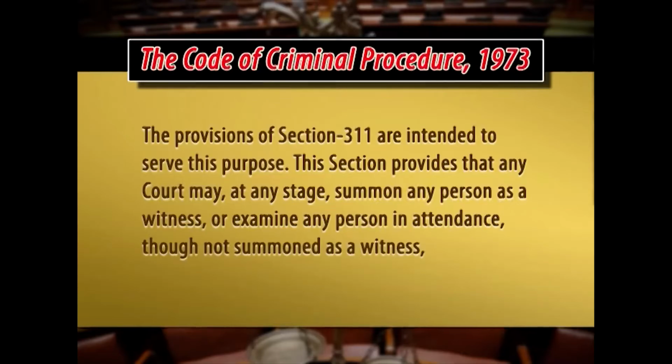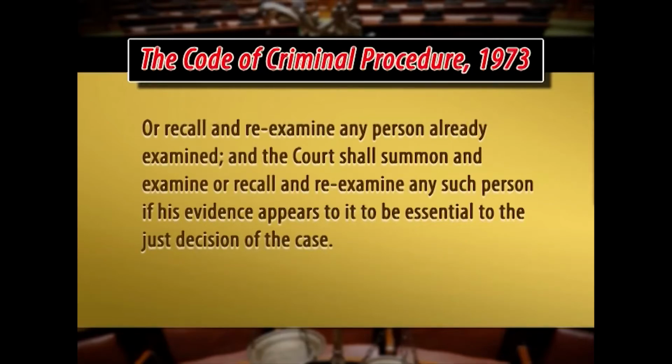This section provides that any court may at any stage summon any person as a witness, or examine any person in attendance though not summoned as a witness, or recall and re-examine any person already examined, and the court shall summon and examine, or recall and re-examine, any such person if his evidence appears to it to be essential to the just decision of the case.